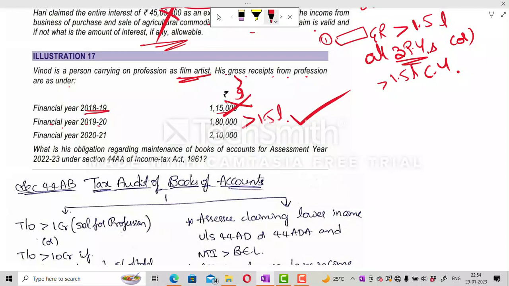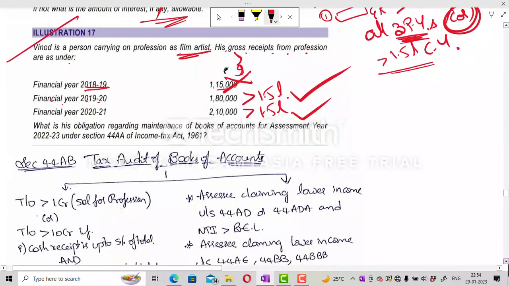And the financial year 20-21, it is 2,10,000, which is more than 1.5 lakhs. So in the current year it is exceeded, so they need to maintain. In all the previous years it is not exceeded, but here it is given more than 1.5 lakhs in the current year, so they need to maintain the books of accounts. Okay, done with this.